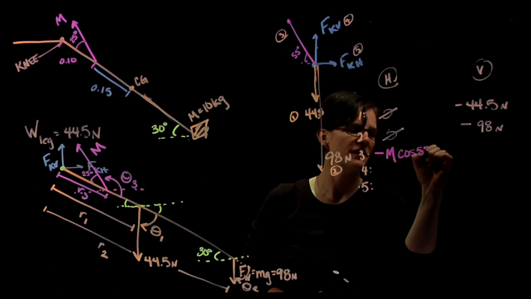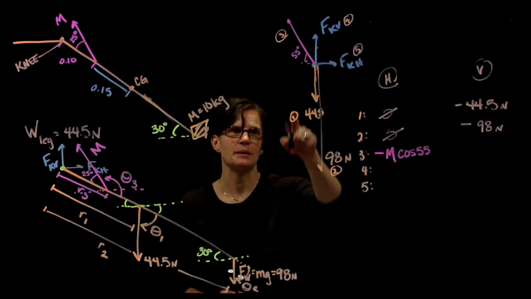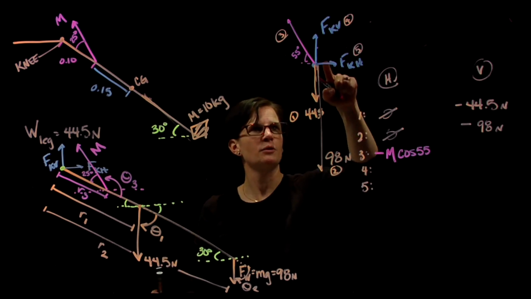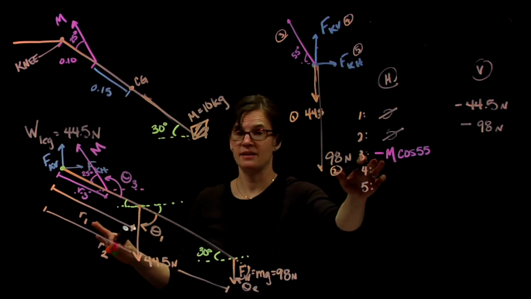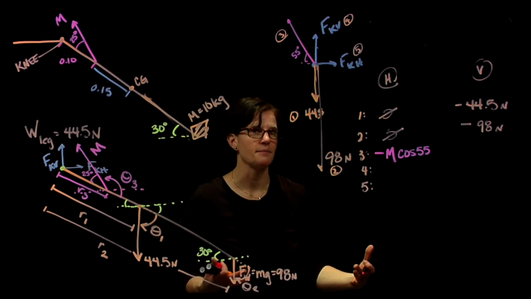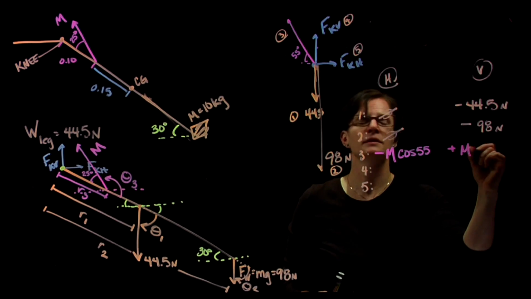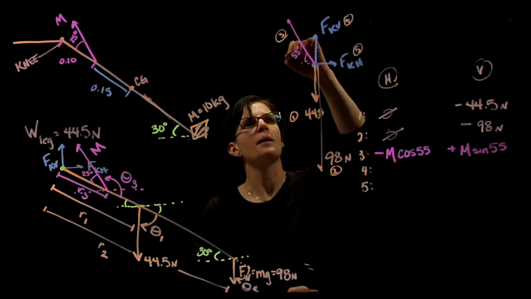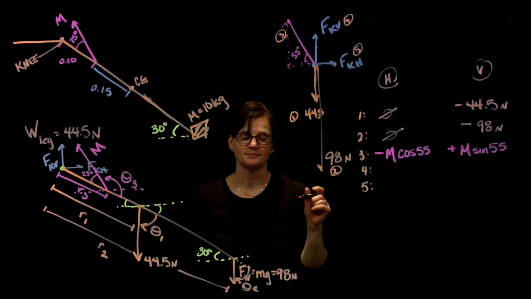I've already put in the direction because it was pointing to the left, and I'm using this interior angle. If you were to use this angle of 125, you wouldn't need to put in that negative. The negative would come out. So keep in mind those rules we talked about with angles and how you're using them. Vertically, it's pointing up, so that's going to be a positive times the sine of 55, the opposite side.